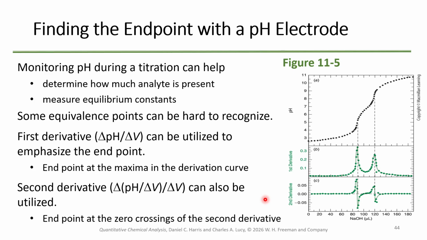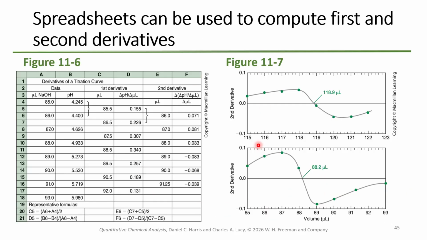Okay. Now again, we can use these to compute our first and second derivatives. All you do in those cases, you just take the changes. Remember how I've shown you all the spreadsheet and how you can take the changes right there? And I did that with your data in the class. Okay, that's what I did here. I just did the first derivative because it's easier. I didn't have to do the second because it's pretty obvious from the first.